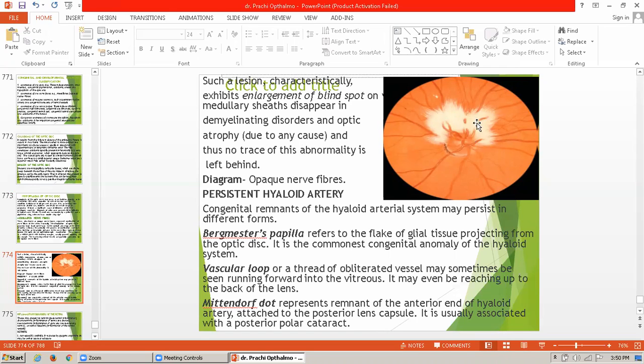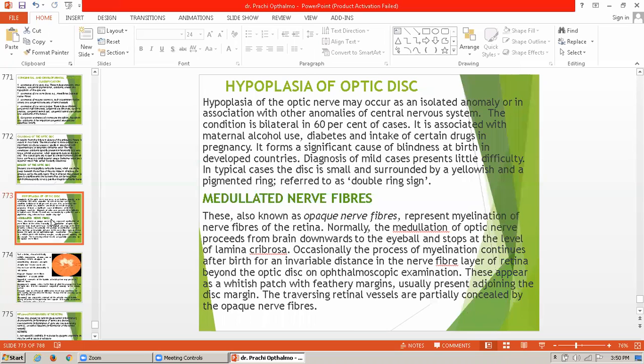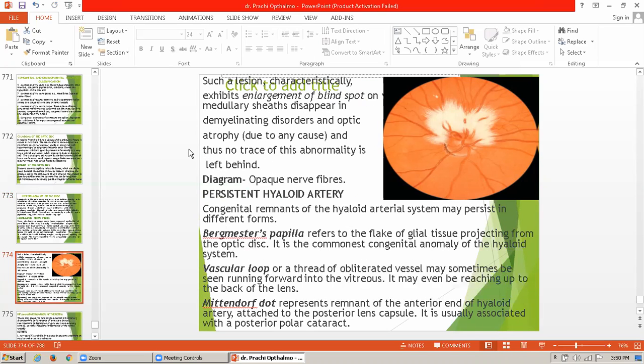These are the opaque nerve fibers, which are seen in the case of medullary nerve fibers, which characteristically exhibit enlargement of the blind spot, and the medullary sheath disappears in demyelinating disorder and optic atrophy due to any cause, and thus there is no trace of this abnormality left behind.